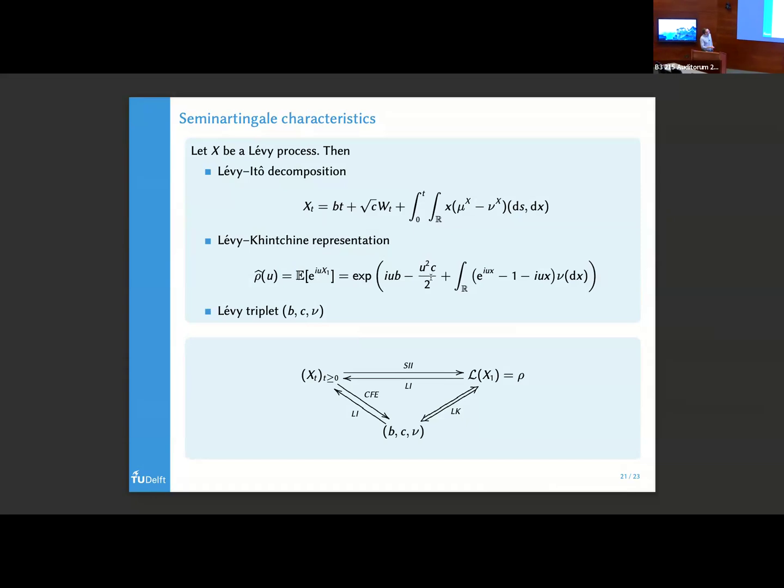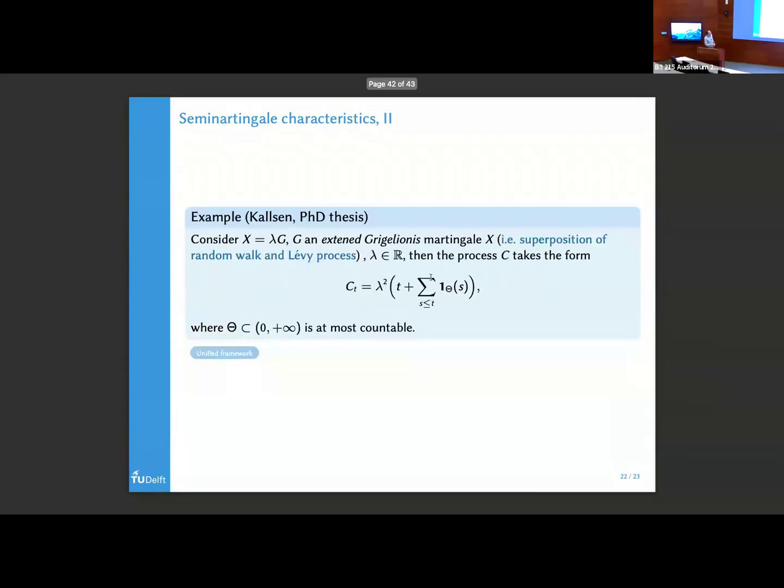Okay, so now if you want to describe a general semi-martingale, you can do it by just describing the local behavior of the process and then something like the quadratic variation of whatever martingale you have. And then you can create funny examples like the one that Jan Carlsen did in his thesis, and he calls it, I don't know, extended Grigelioni's martingale for whatever reason.